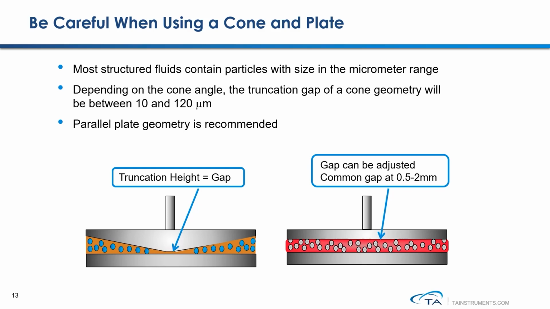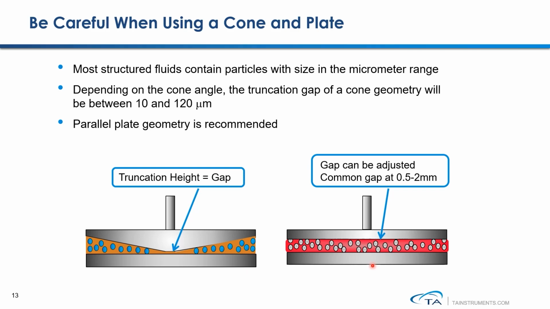Depending on the cone angle, the truncation gap of a cone geometry will vary between 10 to 120 microns. So now, if you have large particles in your structured fluid sample, using a cone plate geometry, you may end up just grinding the particles, not really measuring the bulk property of the whole system. In this case, a parallel plate geometry is more recommended because you can freely adjust the measurement gap.